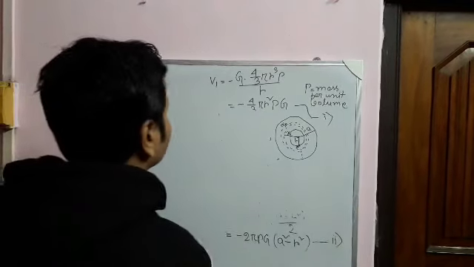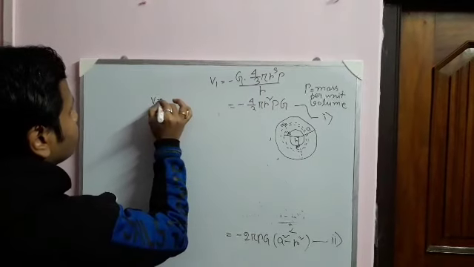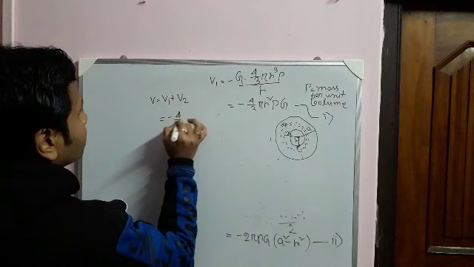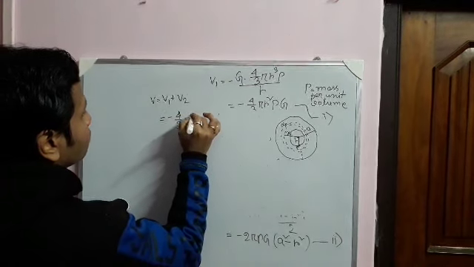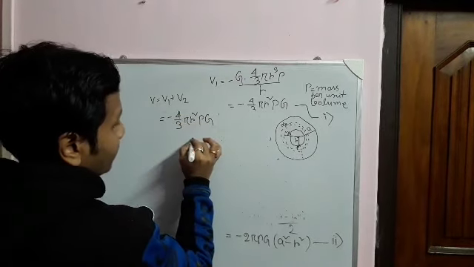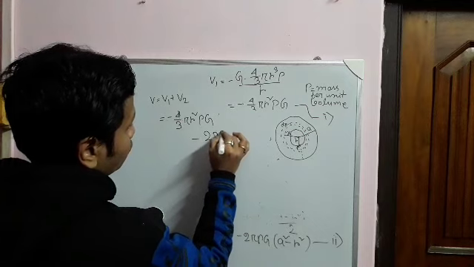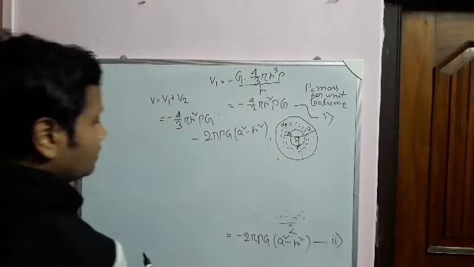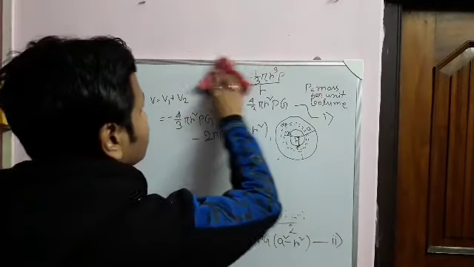What will be the total potential? If we call it V, then V equals V1 plus V2. So V equals minus 4/3 pi r square rho G minus 2 pi rho G into a square minus r square. Simply this.